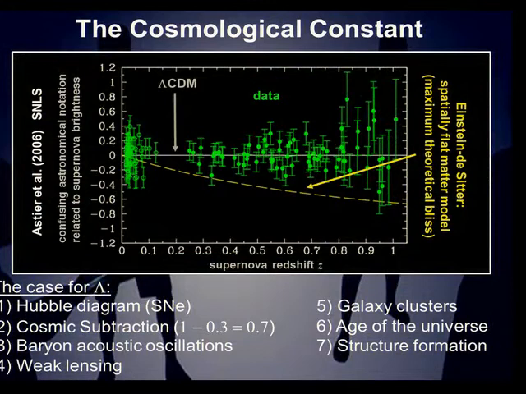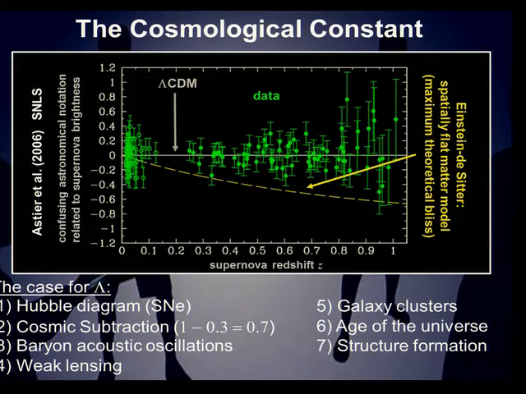Now, just as the evidence for dark matter was more than the evidence from rotation curves or cluster dynamics, the case for lambda is stronger than just looking at supernovae redshift. It's more than just the Hubble diagram.